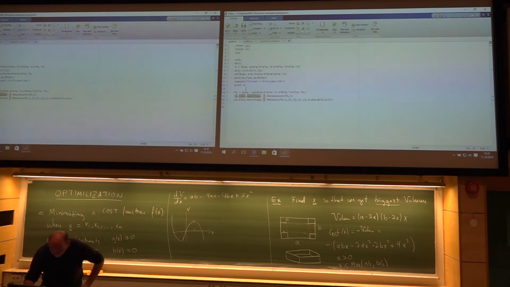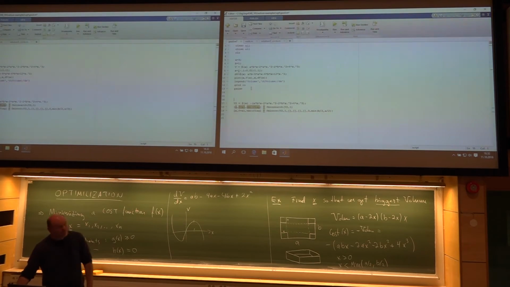So here I have solved it so far. I have given some numbers for a and b. Here I have my volume function. And then I just invent a whole bunch of x's. I create the derivative as well, the one I have here, plot them and give them a legend.